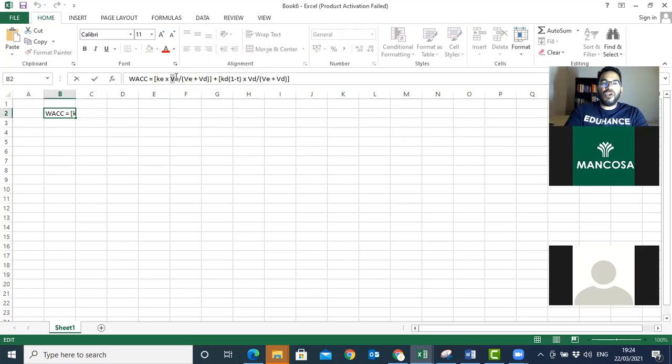So by saying value of equity divided by our total long-term finance, that is saying what percentage of our total capital structure is funded through equity. Similarly over here, value of equity plus value of debt is our total capital structure. By saying value of debt divided by total capital structure, we are saying what percentage of our total capital structure is funded through debt.